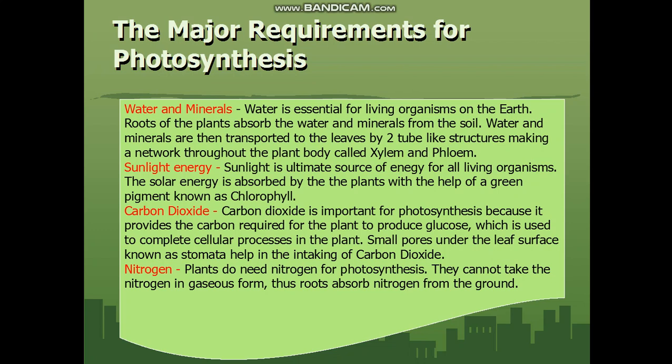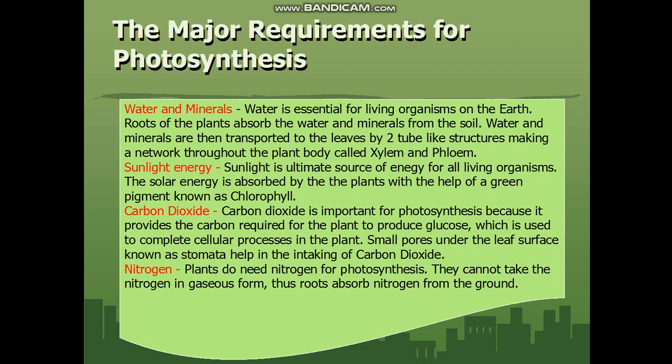How do plants get their green color, or leaves get their green color? It is because of the chlorophyll. Chlorophyll is very essential because it absorbs sunlight energy, and helps in the process of photosynthesis.